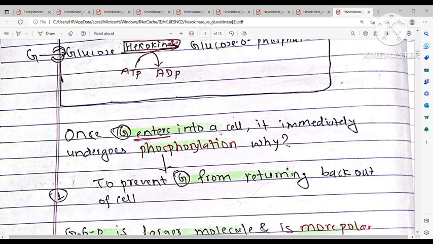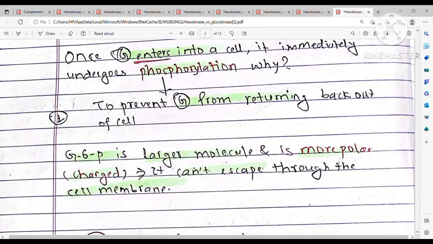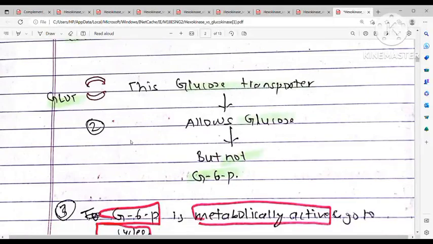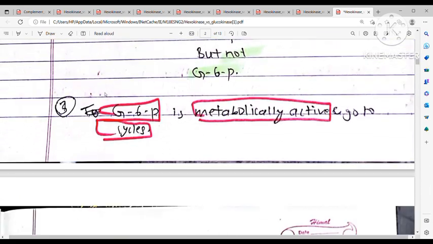If the entered glucose remains glucose, it exits the cell, but glucose 6-phosphate is too large to exit. It is a large and more polar molecule, so it cannot escape through the cell membrane. And the glucose transporter can only transport glucose but not glucose 6-phosphate.